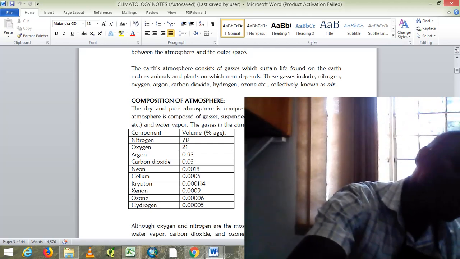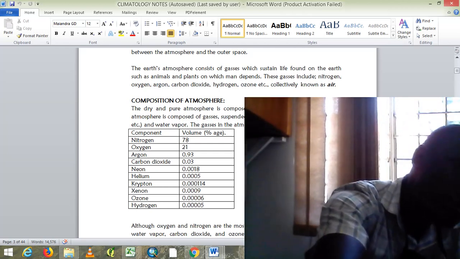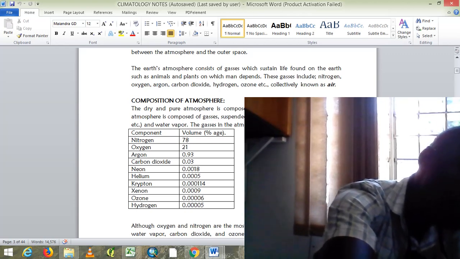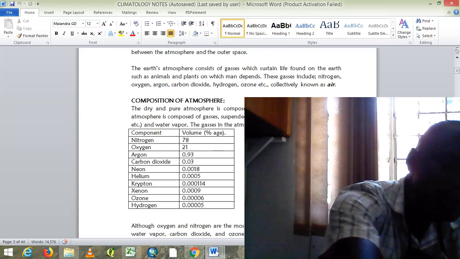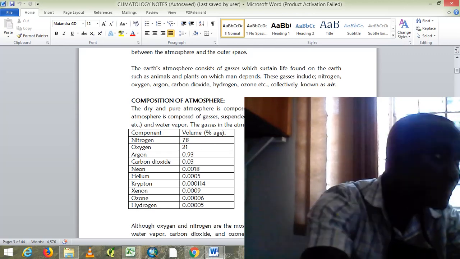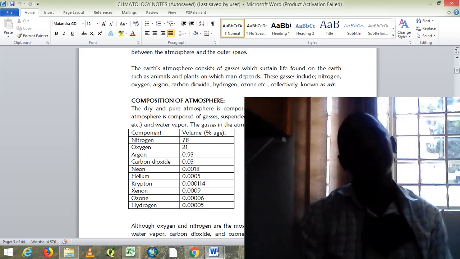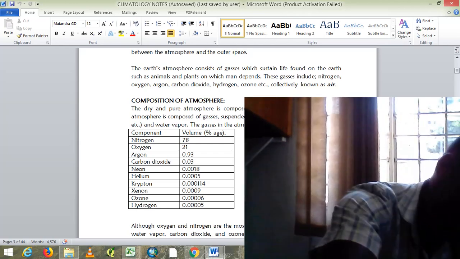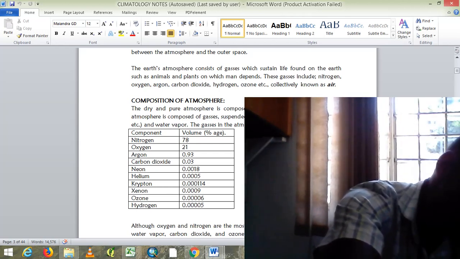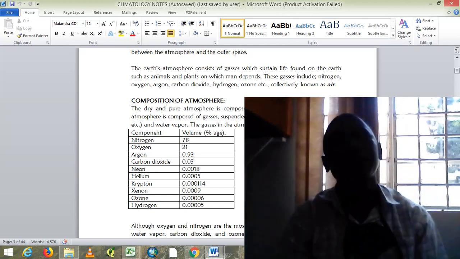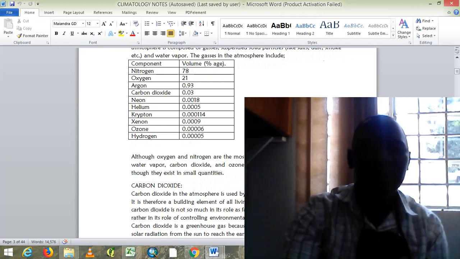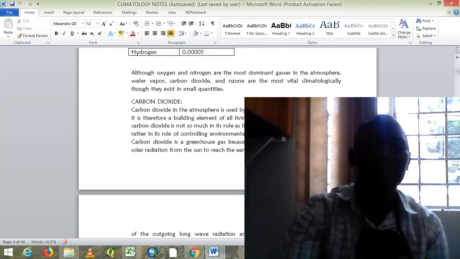Even ozone, much as we emphasize its importance, God created it at 0.0006%. Hydrogen 0.0005%. That is the composition of the atmosphere in terms of the air, in terms of the gases.